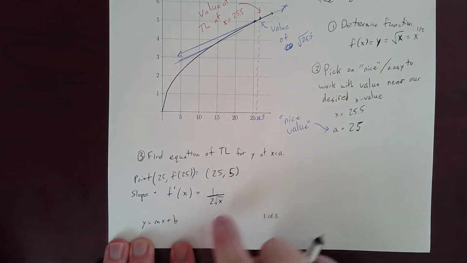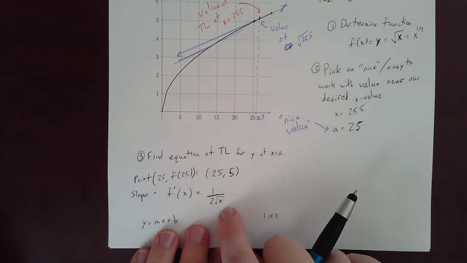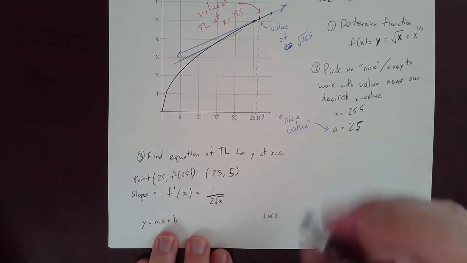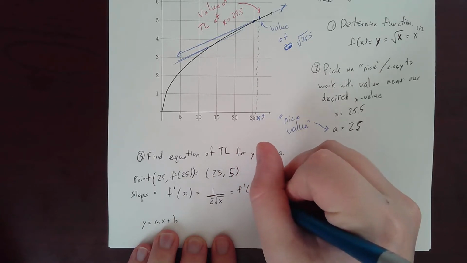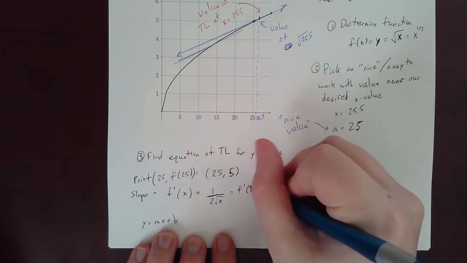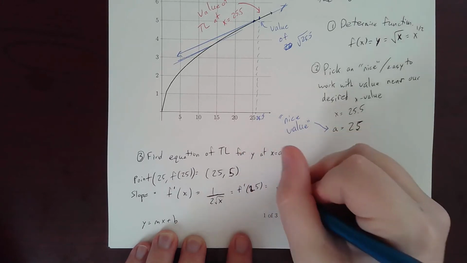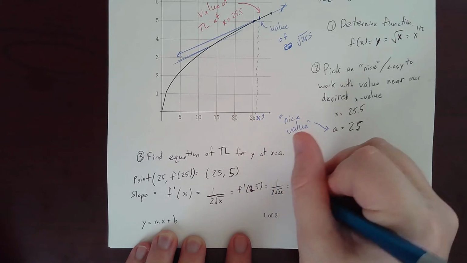We know x, we know y. If we're looking at our slope, then we will have our 25 to plug in. So f prime of 25 is going to be 1 over 2 times the square root of 25, or 1 over 10.